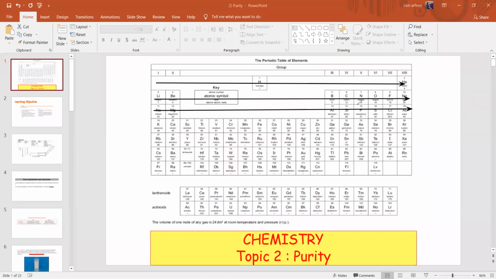And these are the s block elements. So it can be aluminum, silicon, phosphorus, and so on.